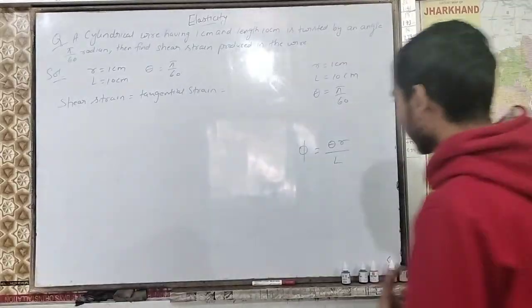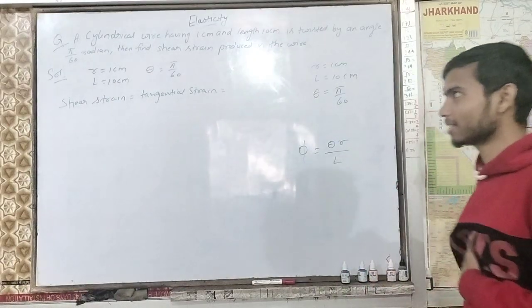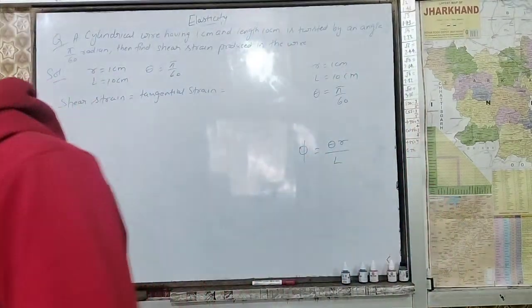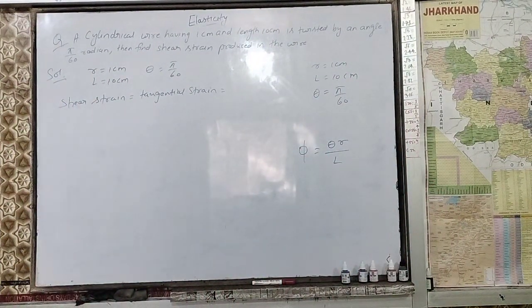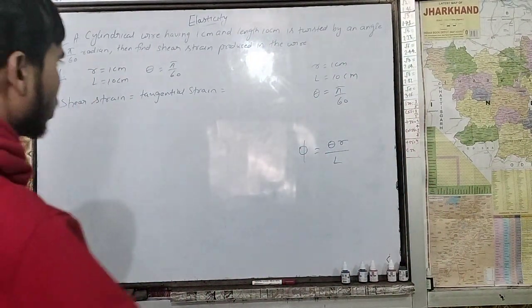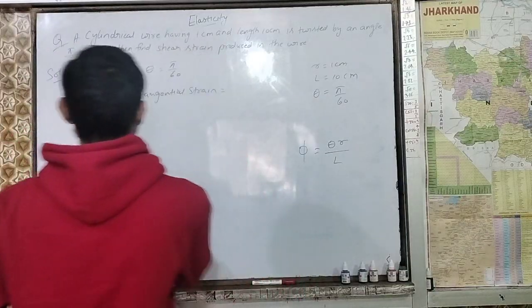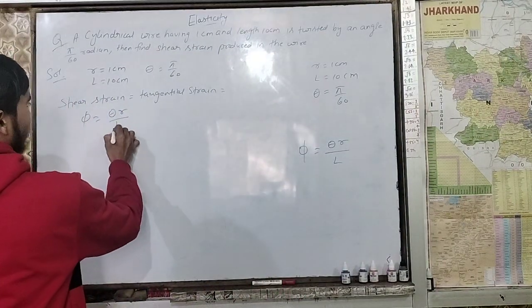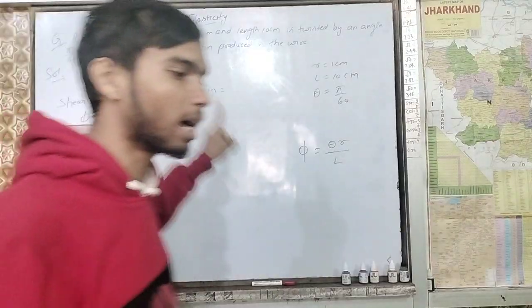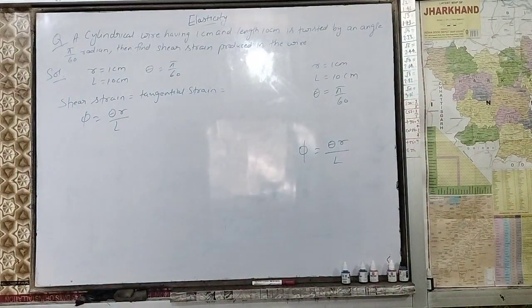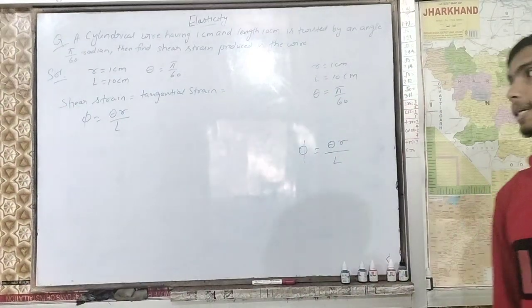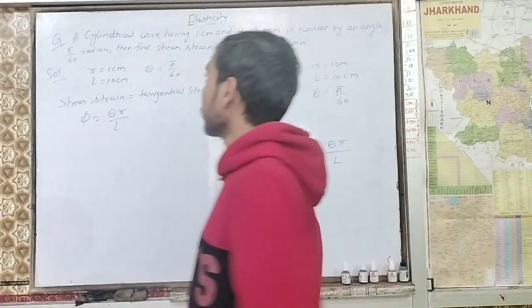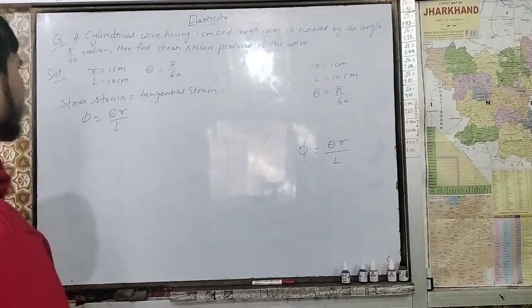It is not looking difficult. Phi is the rotating part, the twisting part of the cylindrical wire. You can use this formula: phi is equal to r theta upon L. Remember, theta multiplied by r provides the arc, and L is the length of the cylindrical wire.